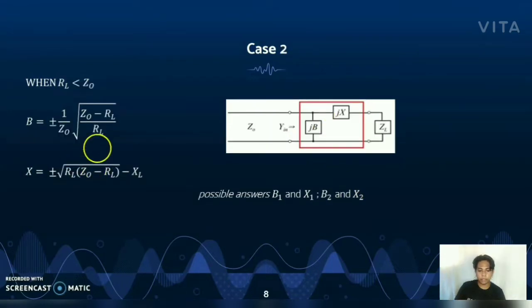For case 2, when RL is less than ZO, we have here the formula for B, and also the formula for X. So the possible answers could be B1 and X1, B2 and X2. This is the block diagram for case 2.